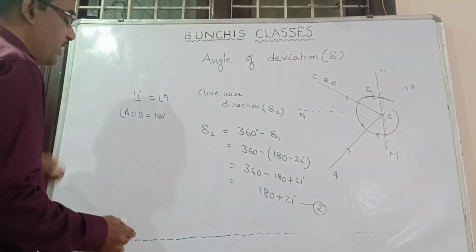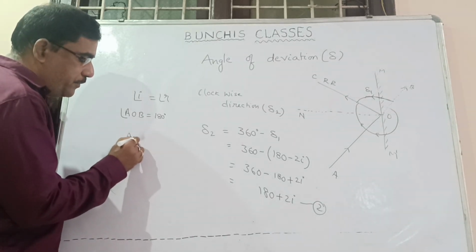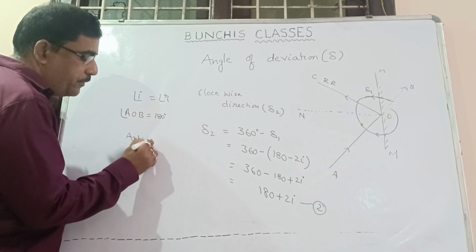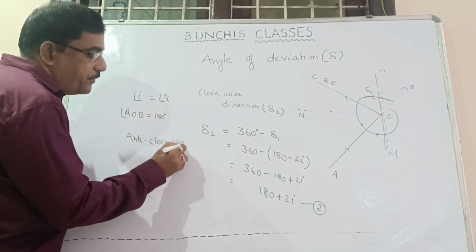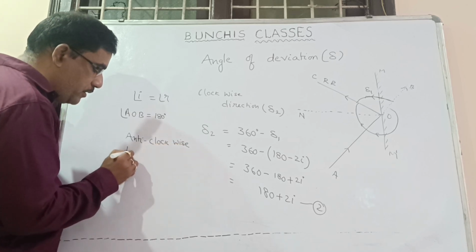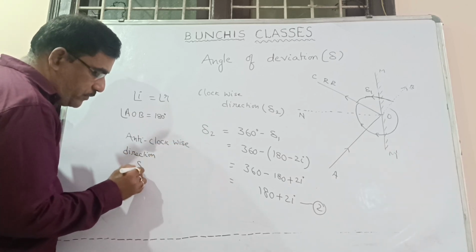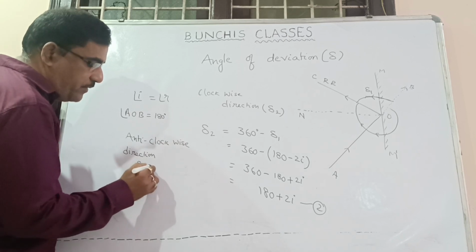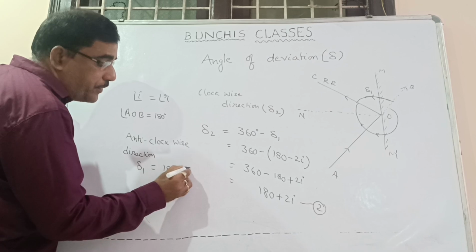So the angle of deviation in the anti-clockwise direction, delta 1, is equal to 180 minus 2i.